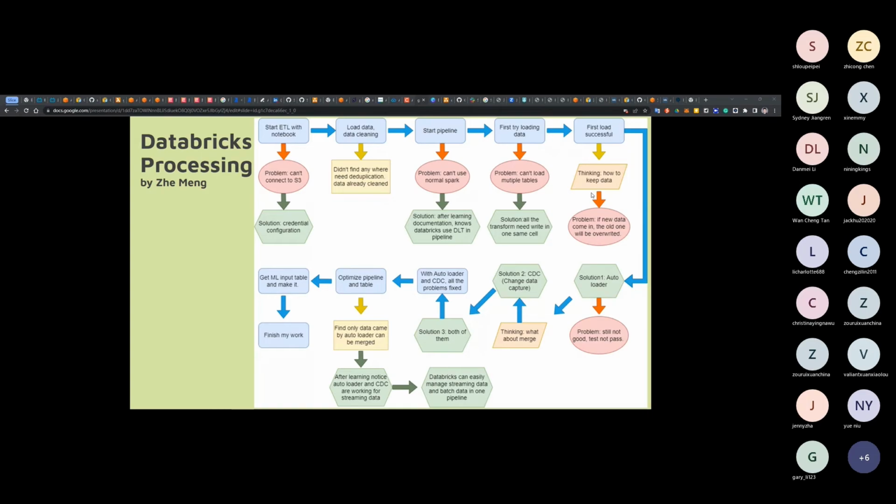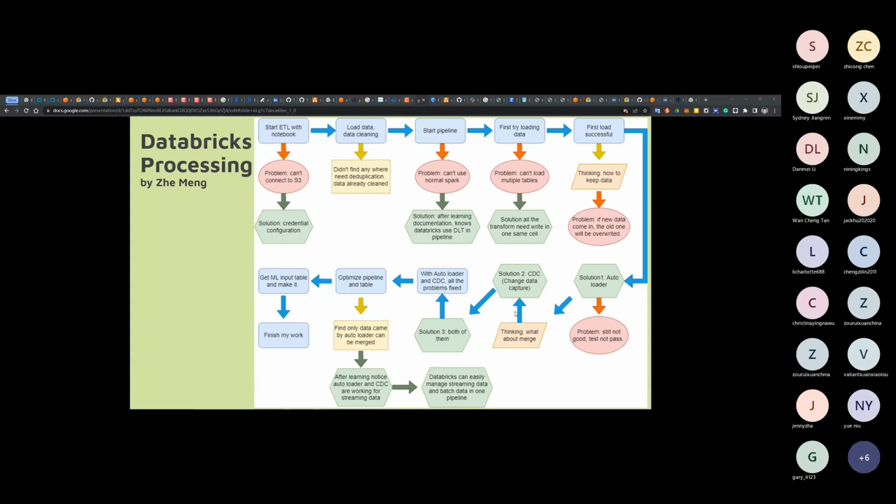After reading the documentation, the first way I found is the Autoloader. At that moment, I didn't notice the Autoloader works for stream data, so the Autoloader didn't pass the test. Then I changed my mind. I started to think, is there any way to keep the data? Can I merge all the input data into a new table?